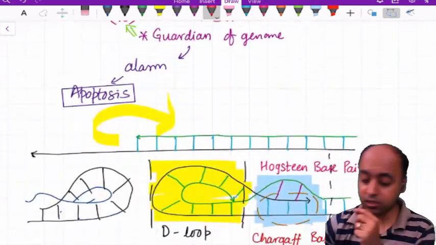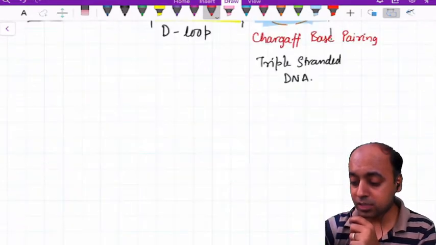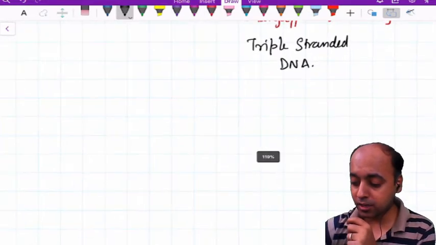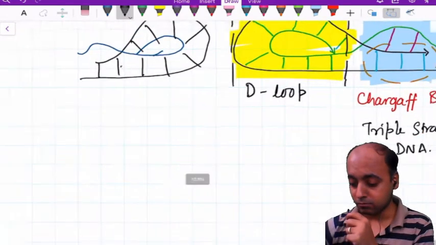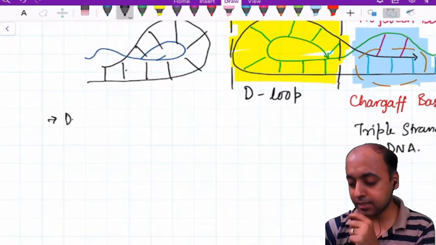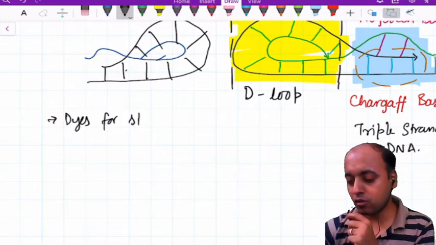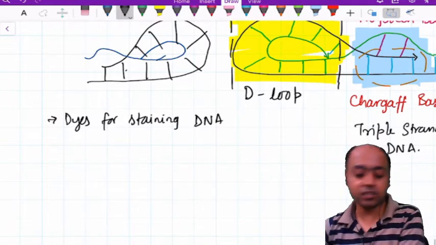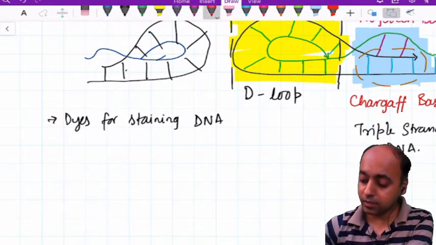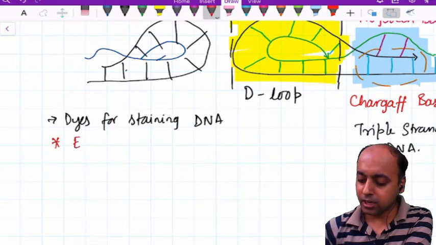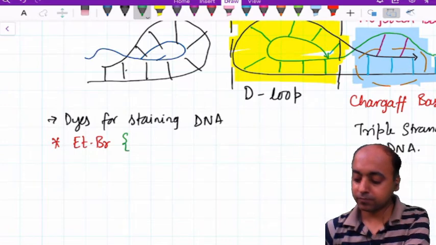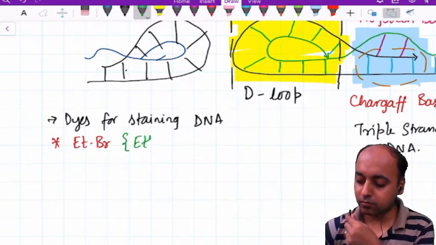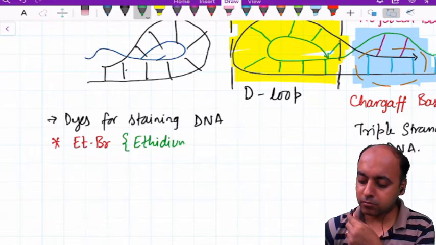There was one question, which is the dye which is used. Various types of dyes can be used for staining of DNA. Traditionally, the dye to be used was EtBr, ethidium bromide.